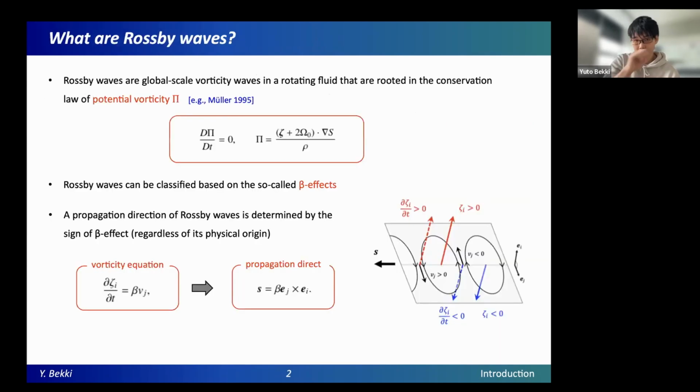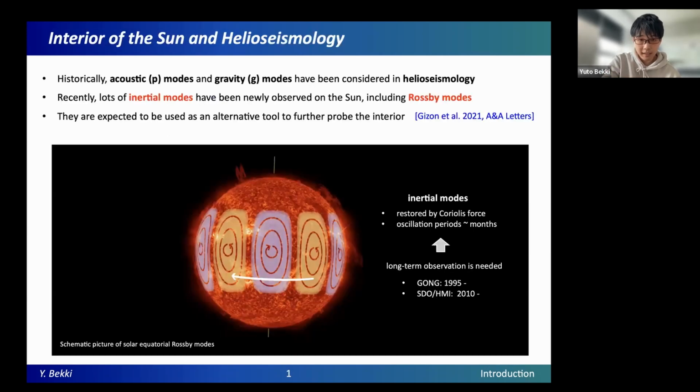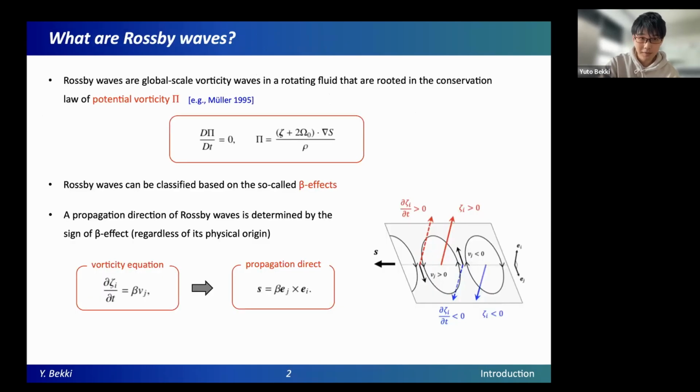As I said, inertial waves are waves whose restoring force is the Coriolis force, and Rossby waves are a special type of inertial waves.